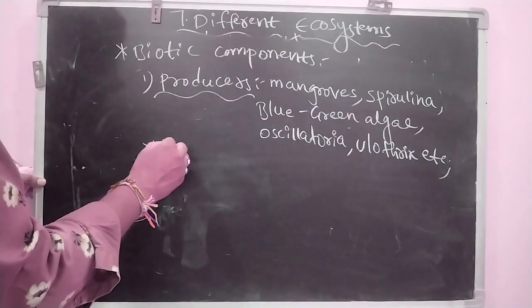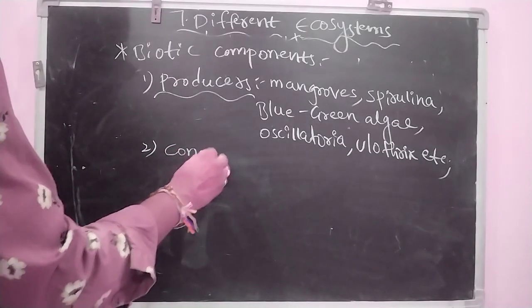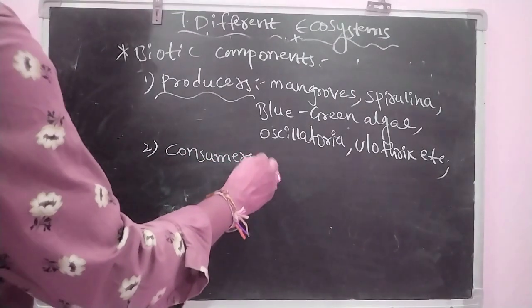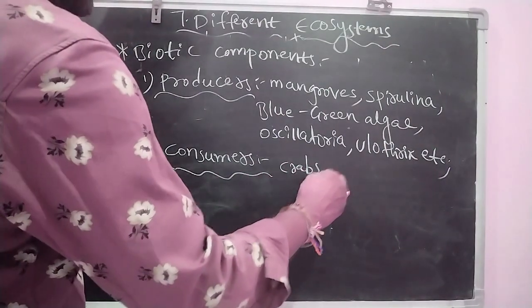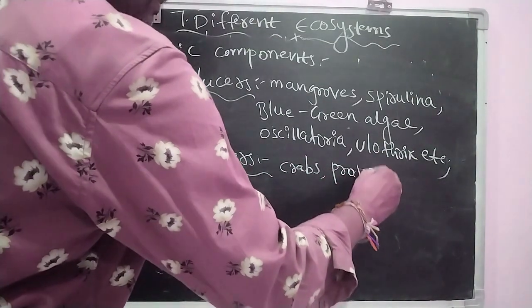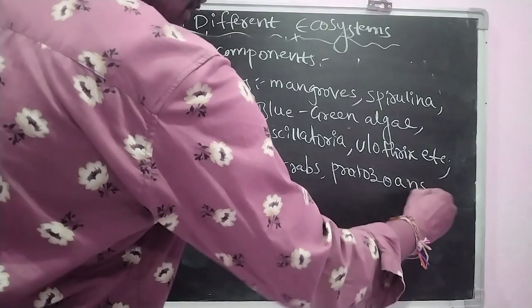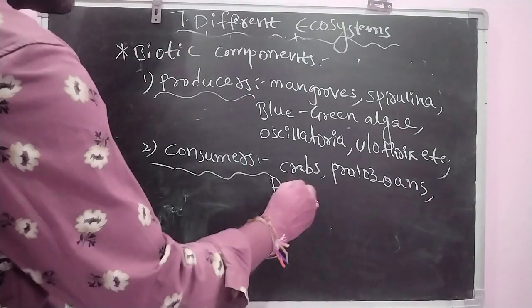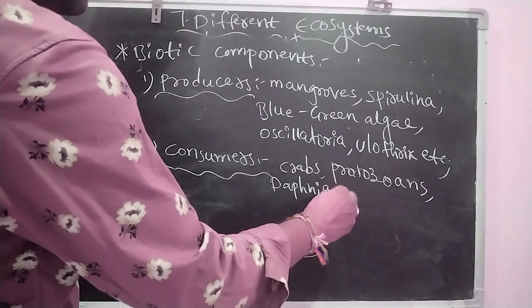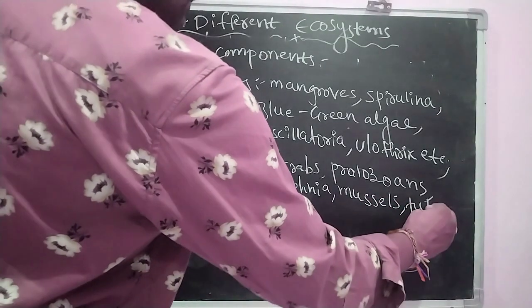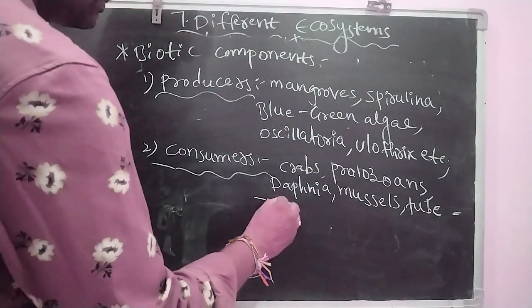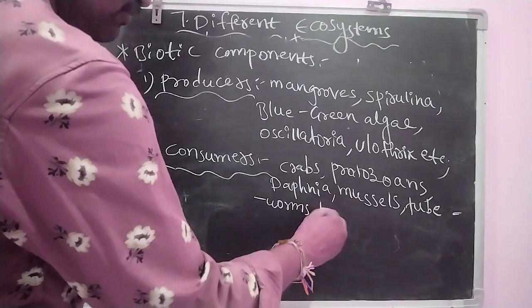Next, consumers. Consumers here are crabs, protozoans, Daphnia, mussels, tube worms, brittle worms.